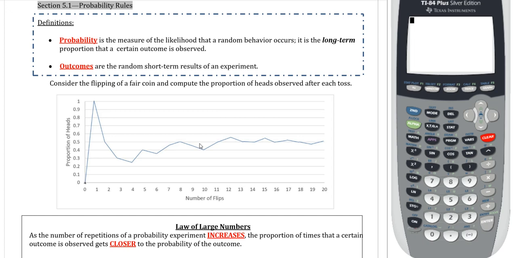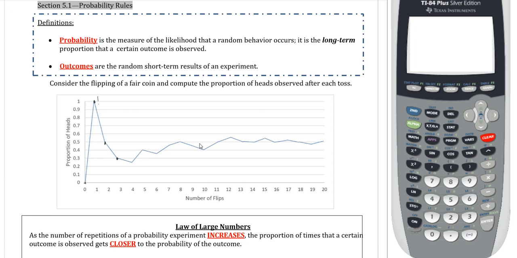Maybe after the first toss I get a head. So far, I've only flipped heads, so there's a 100% chance, or a proportion of 1, of getting a head. Maybe after the second flip, I get a tail, so now only 1 out of 2 have been heads. So now I'm thinking that the probability of getting a head is 1 out of 2. And then I get another tail, so now it's 1 out of 3.